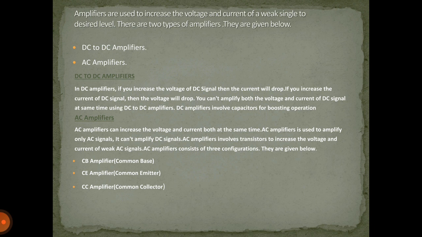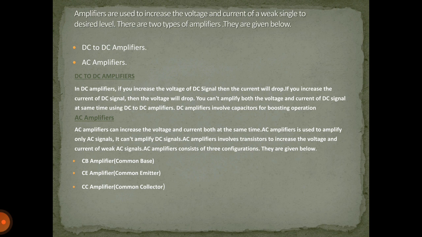If you increase the current of a DC signal, then the voltage will drop. You can't amplify both the voltage and current of a DC signal at the same time using DC amplifiers. DC amplifiers involve capacitors for boosting operations.